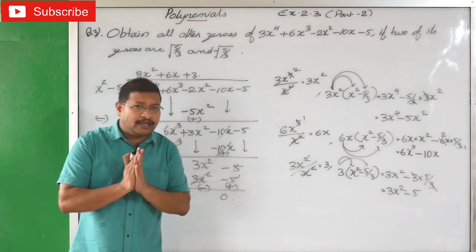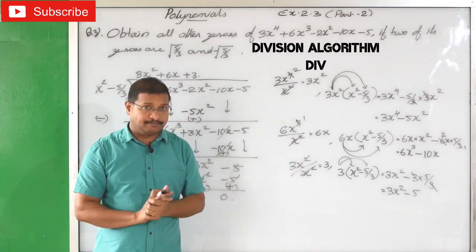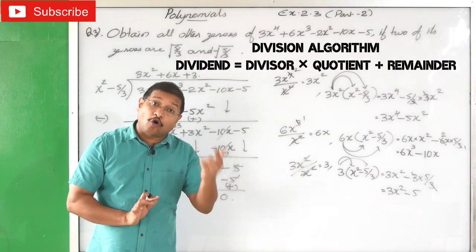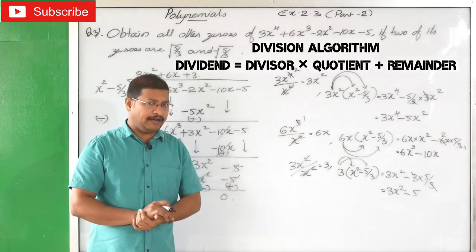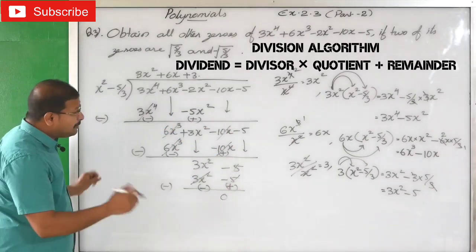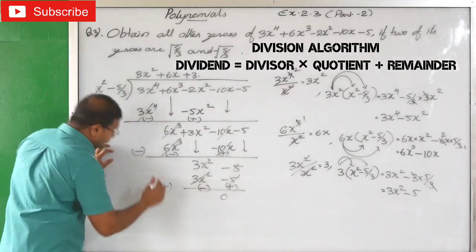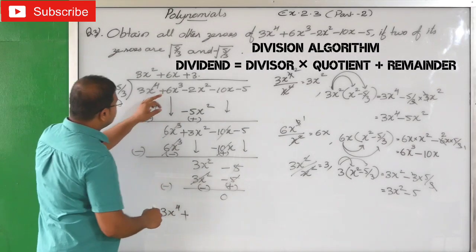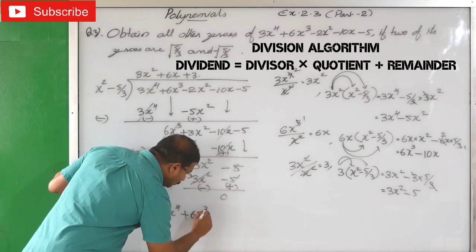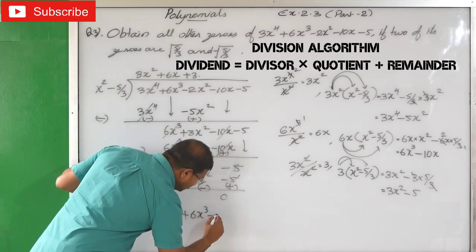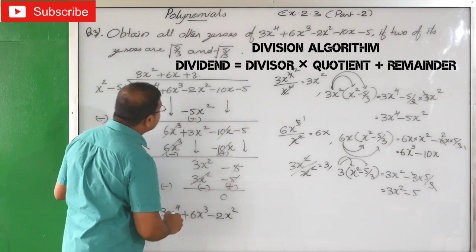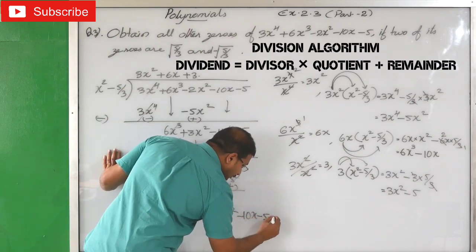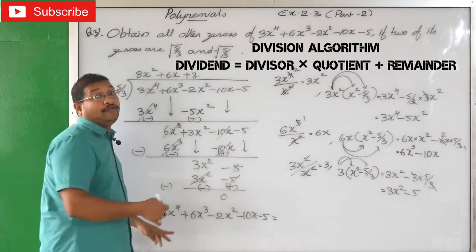Now we know the division algorithm, what is that? Dividend equals divisor into quotient plus remainder. Ready? So we'll apply that. That means what is the dividend here? Yeah, 3x raised to 4 plus 6x cube minus 2x square minus 10x minus 5 equals, this is the dividend.